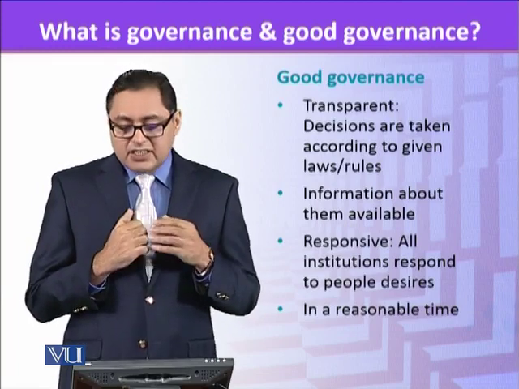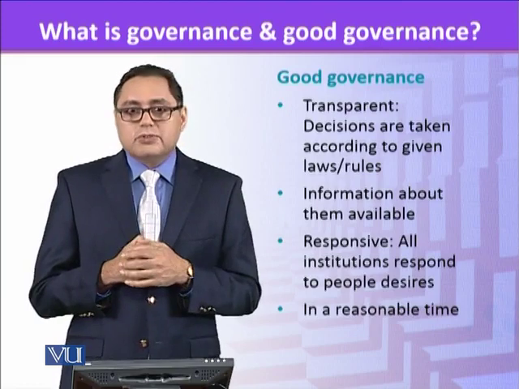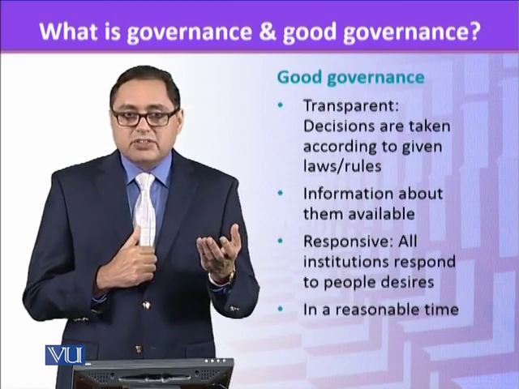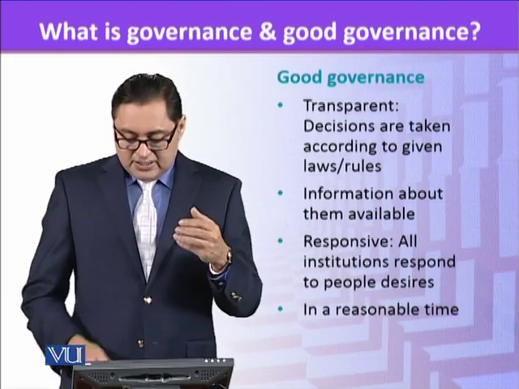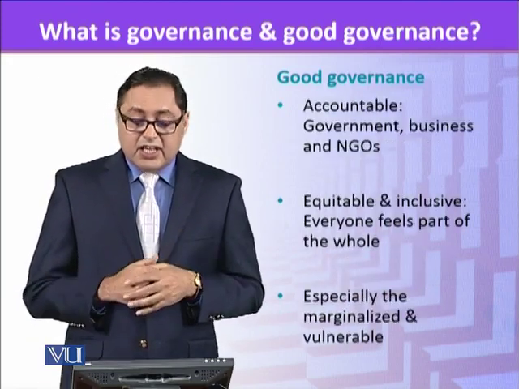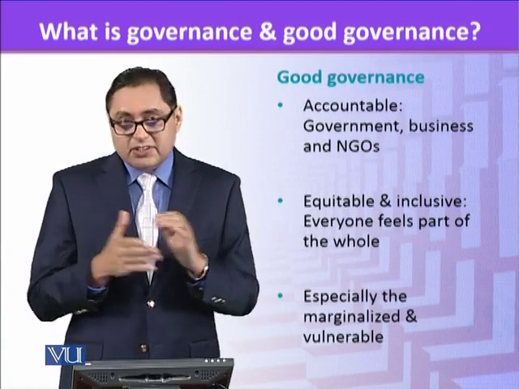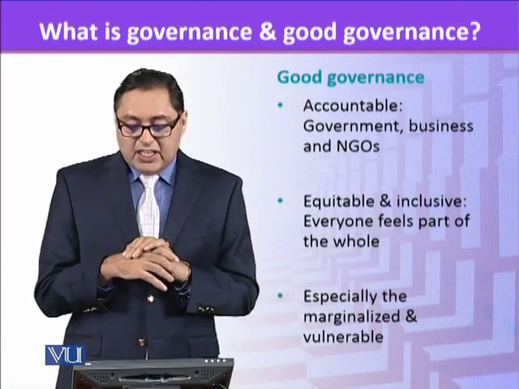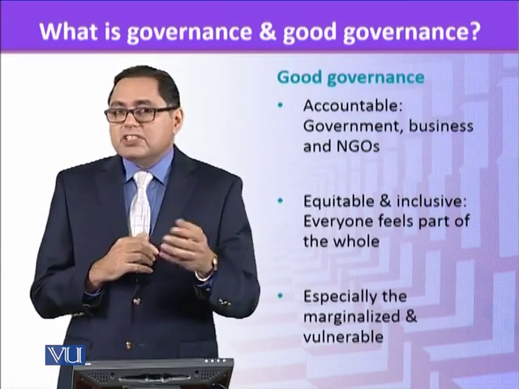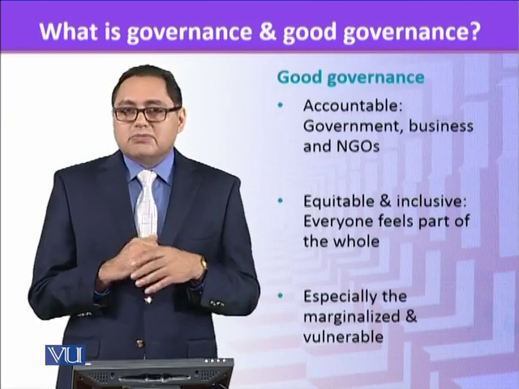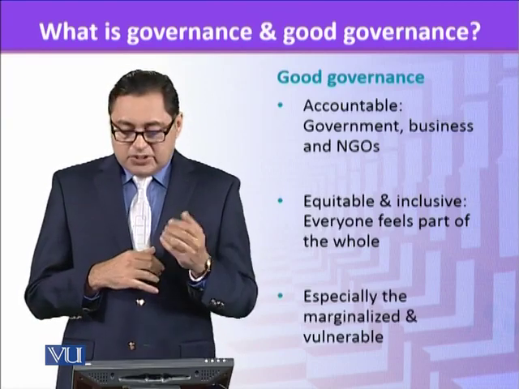Responsive means again that people's desires have to be looked at and given importance. So a timely response to people's desires is important for good governance. Accountability, as everybody knows, is important. If there is no accountability, there is no good governance. Equitable and inclusive means all people, whether they are minorities, whether they are poor people, and all the marginalized groups have to be included in the policy making process.